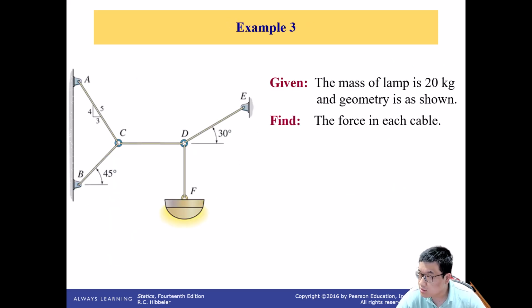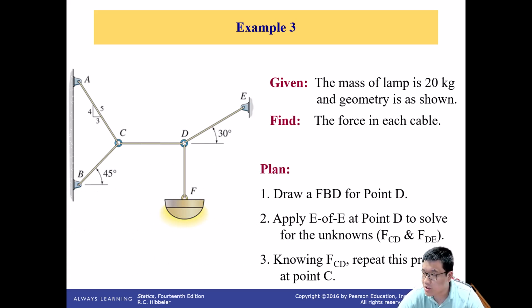Okay, let's continue. For example 3, the mass of the lamp is 20 kilograms and the geometry is shown here. Please find the forces in this cable. Similarly, we need to draw the free body diagram for point D and apply the equilibrium equations at point D to solve FCD and FDE.